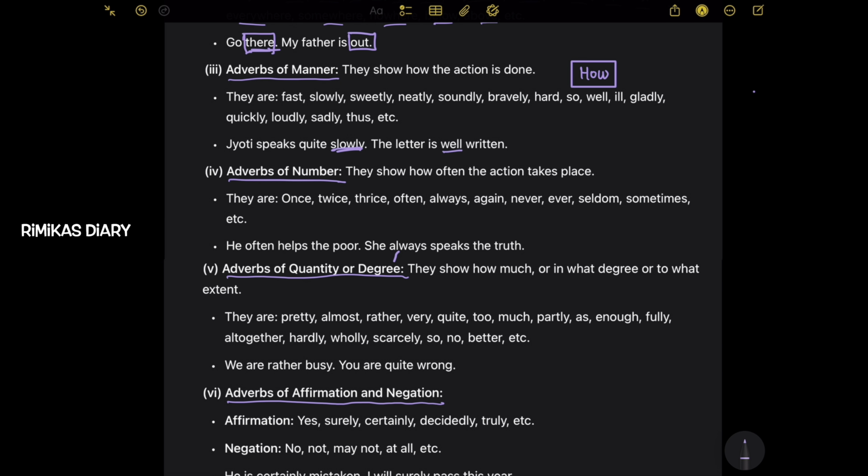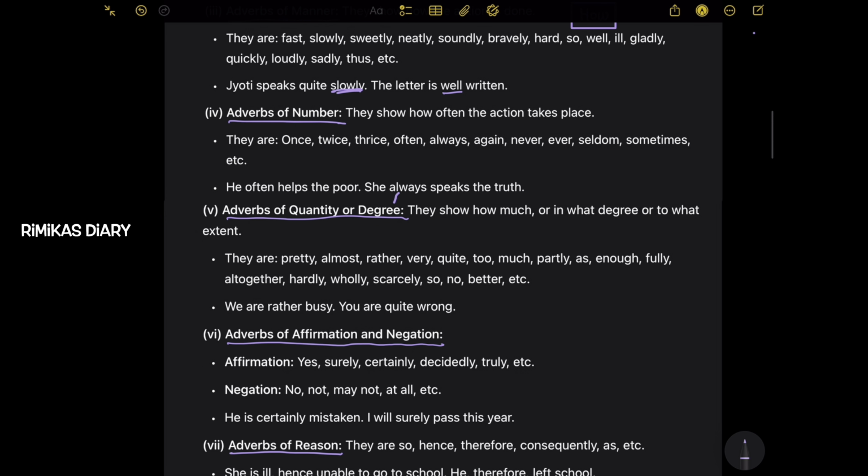Next, adverbs of number. They show how often the action takes place. So how often? They are once, twice, thrice, often, always, again, never, ever, seldom, sometimes, etc. He often helps the poor.